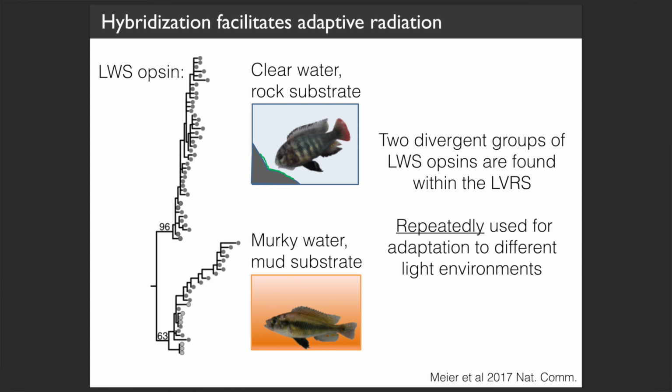And in other species in the Lake Victoria region superflock, a version of the gene which provides visual acuity in murky water and muddy substrates. And so these different versions of the LWS opsin gene have been repeatedly used for adaptation to these different light environments.